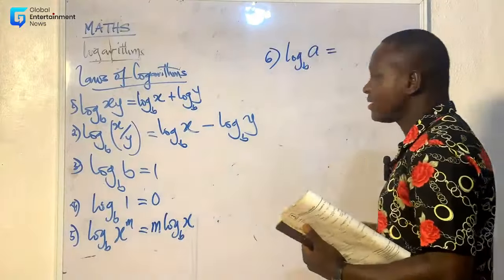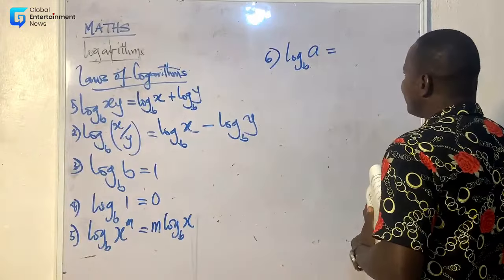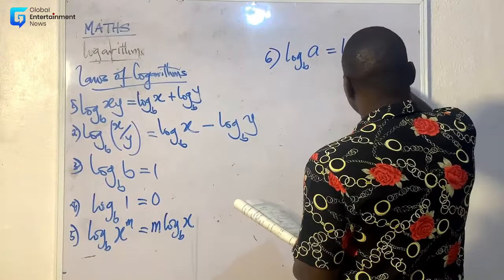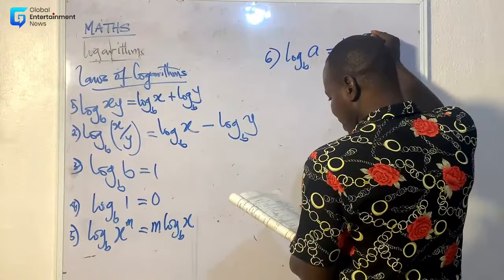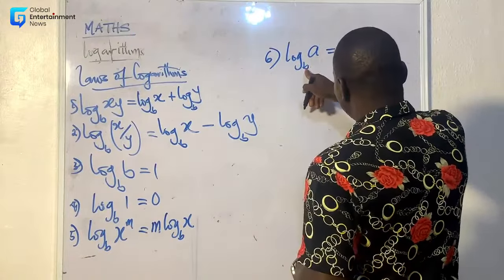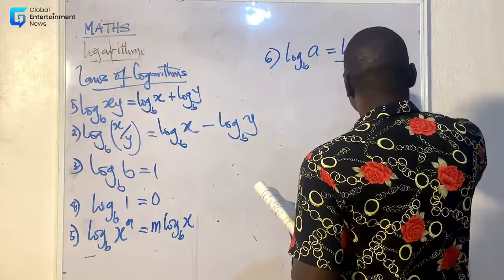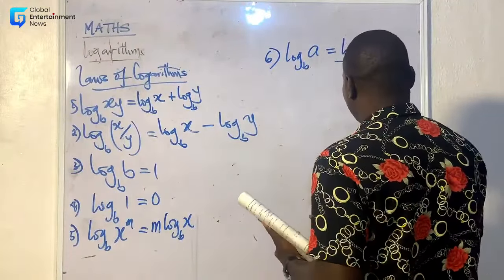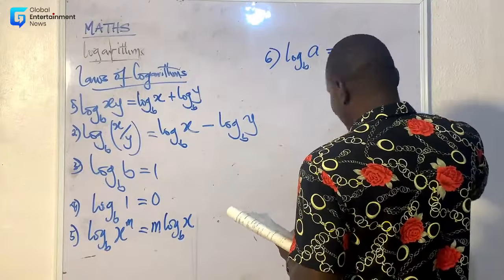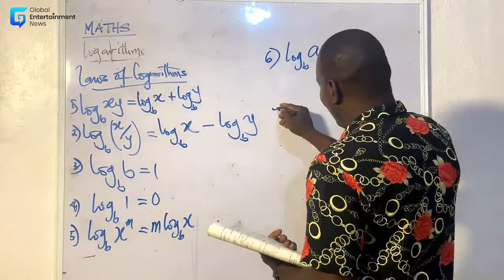Anytime we have a different number like this, we have log a all over log b, then we assign a base to it. Let's assign base k. Don't worry, when we get to this, I'm going to give you examples.